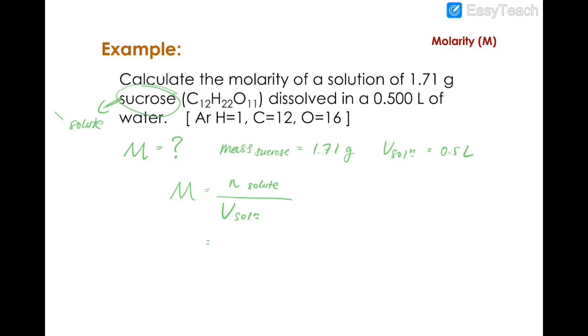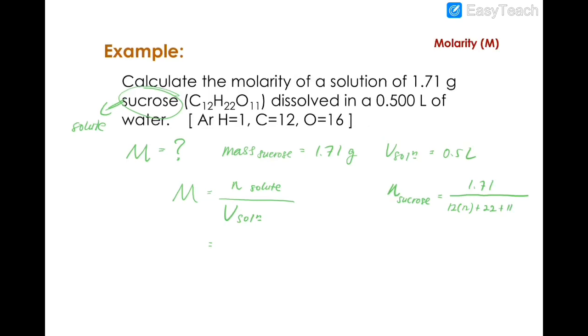Okay, jadi kamu boleh cari mole sucrose kamu. So mole sucrose kamu adalah bersamaan dengan 1.71 gram divide by, so carbon ada 12 darab 12 tambah 22 hidrogen tambah dengan 11 darab 16 oksigen. Maksud ini kamu akan dapat, you get 1.71 divide by 342.